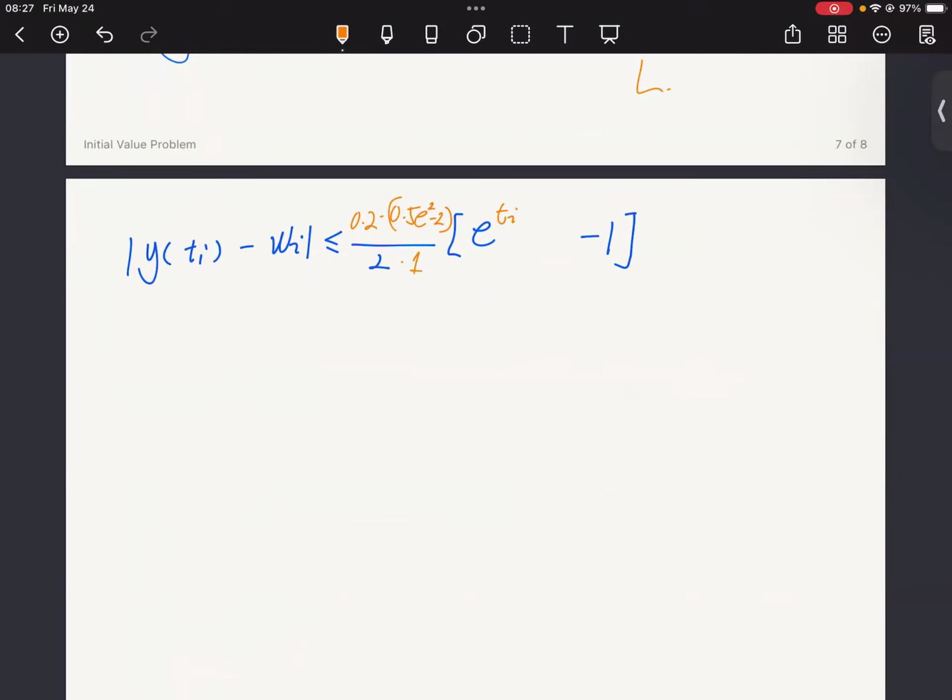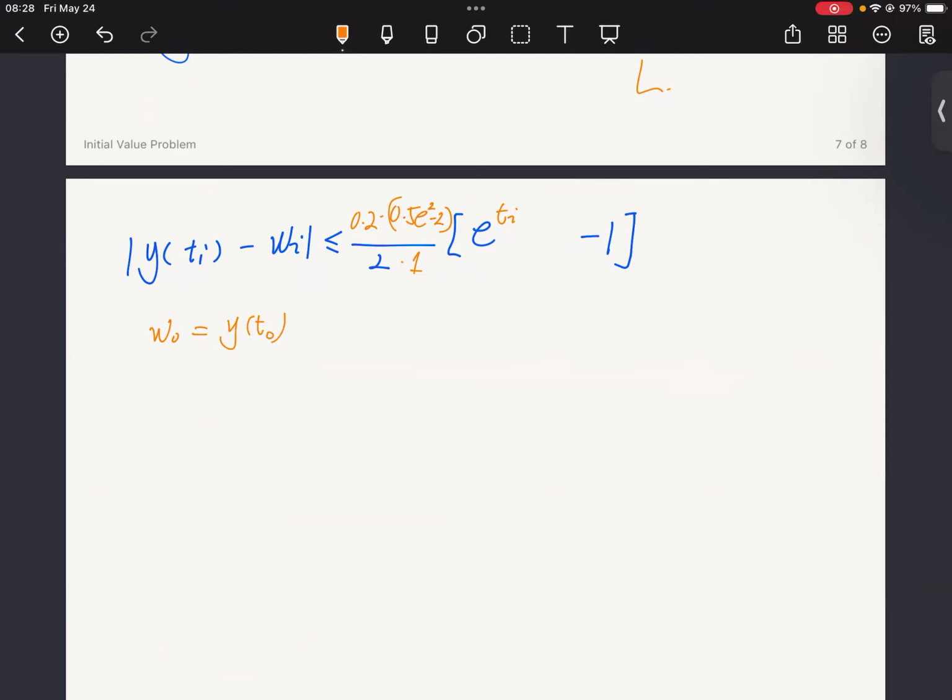Which means that if we want to get the bound for the initial point, we have already set up the w0. The w0 should be exact, so we don't need to estimate the error for w0, because we just set it to be the initial value.